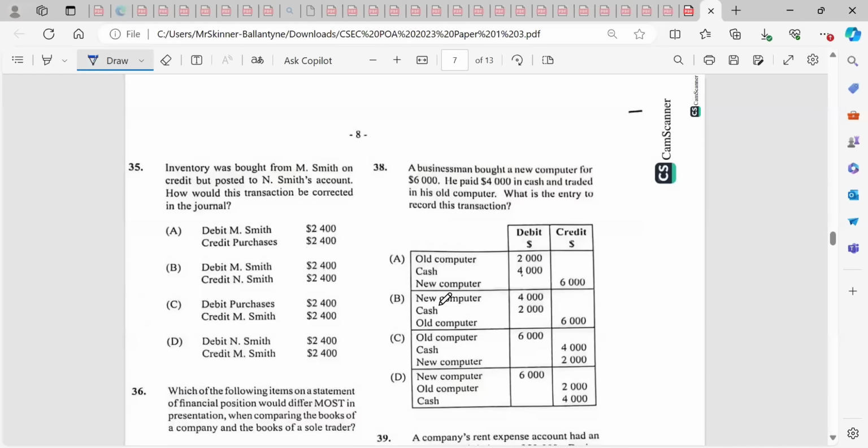So we're going to debit N. Smith to take it out of that account and credit M. Smith where it's supposed to be. So the answer will be D.